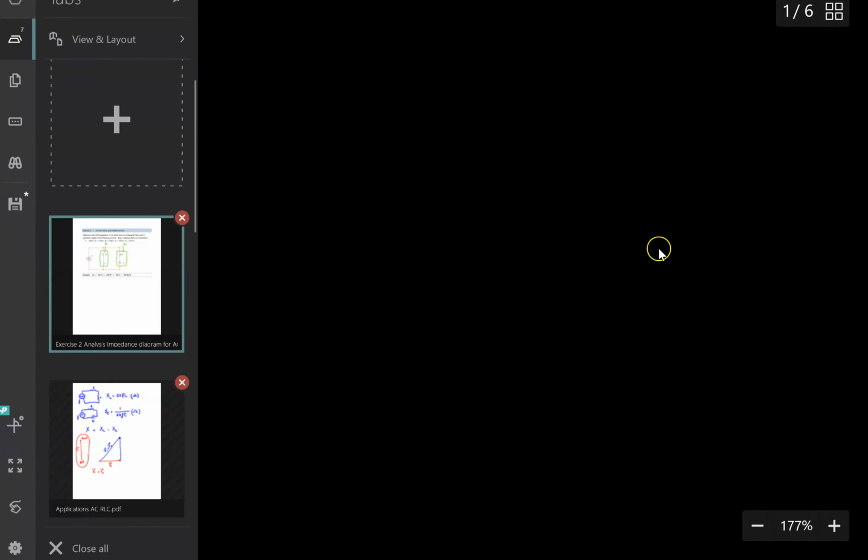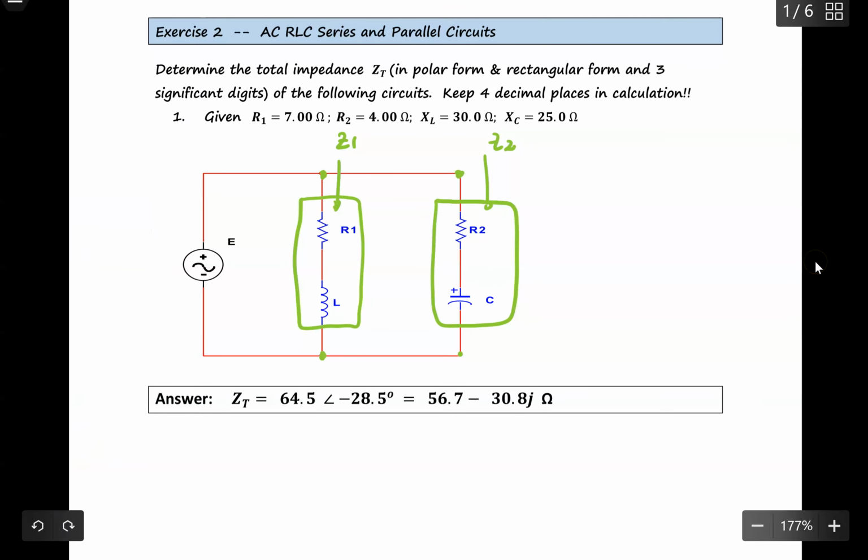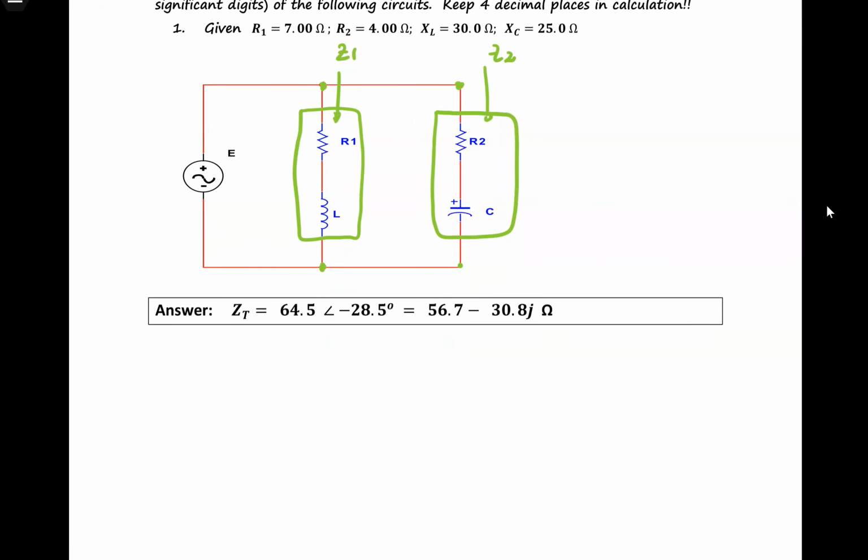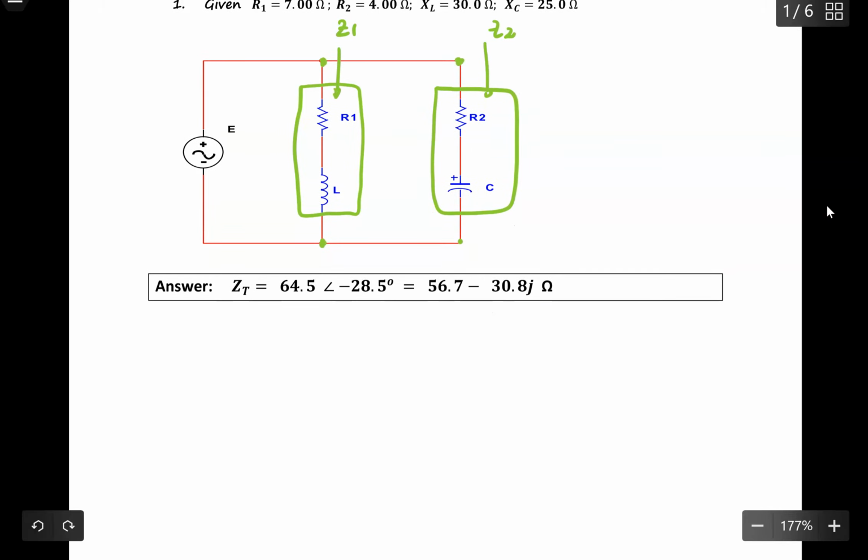So let's get back to our handouts. For this type of circuit, the best approach is to analyze each of them individually, and then from Z1 and Z2, draw your impedance diagram. Drawing the impedance diagram, I will have it like this.